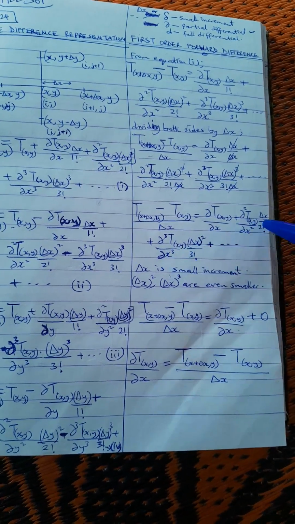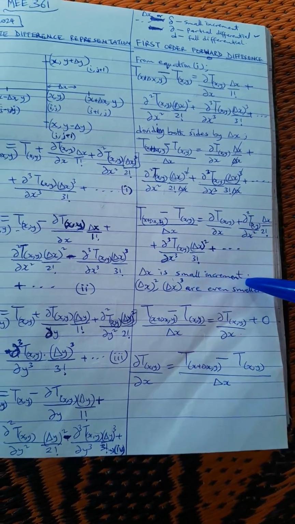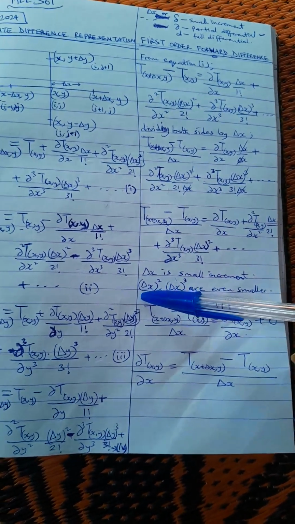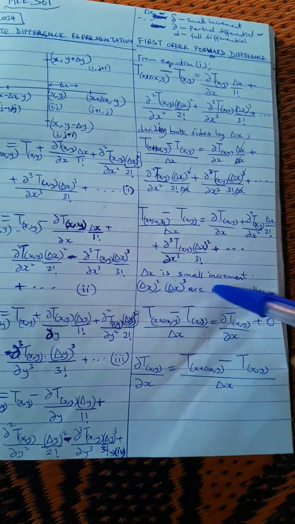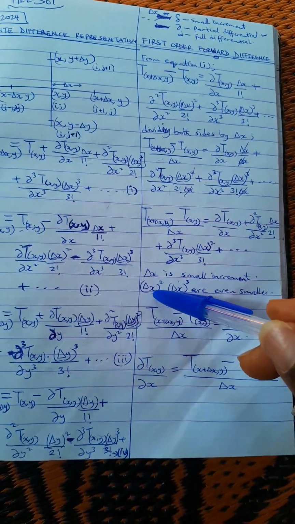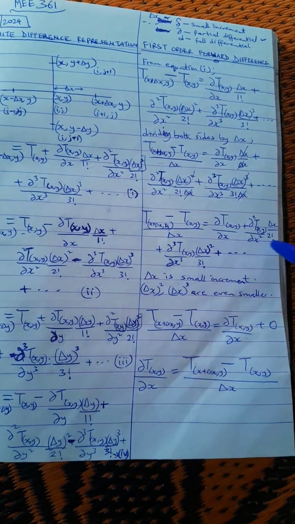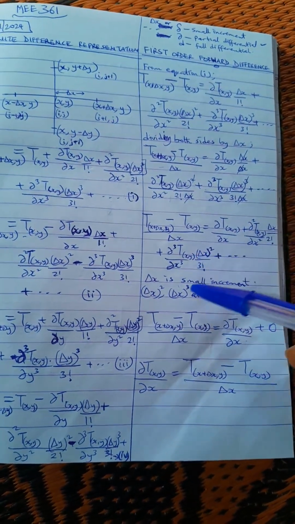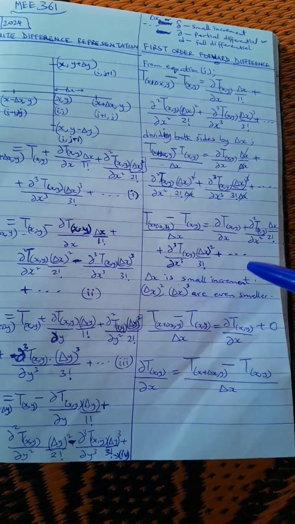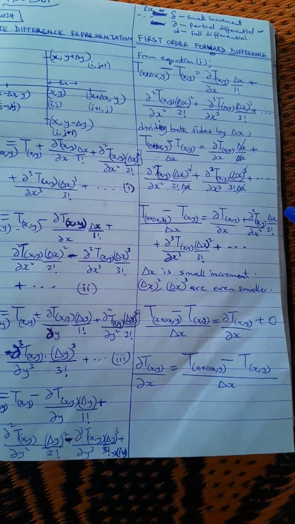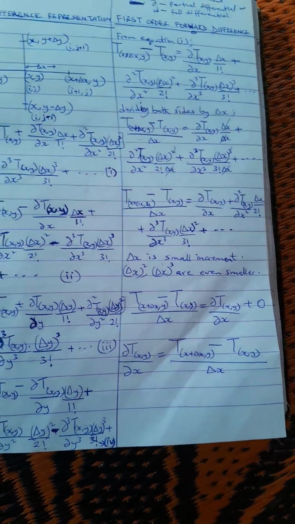So now you know that this delta X is a small increment. Since this delta X is a small increment, it means delta X square here, the second one, and delta X cube is even smaller than the delta X. So note that.